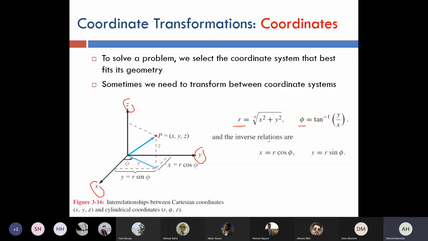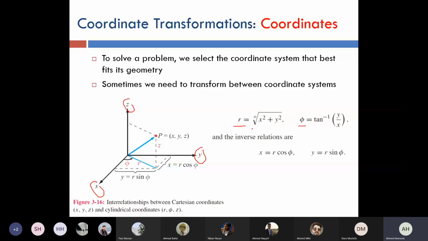And if you want to transfer back, x will be r cosine phi, then y is equal to r sine phi as well. So these are the transformations between the coordinate systems.